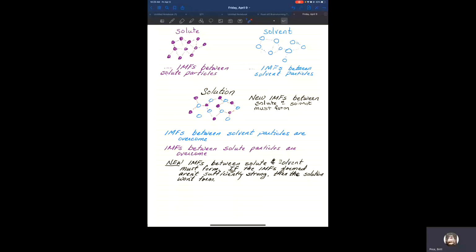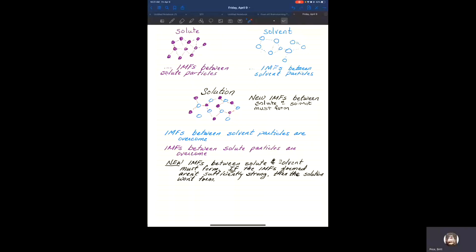If the solute molecules and the solvent molecules don't interact strongly, then they're really not going to make a solution. Only once we start to build in these interactions between the solute and the solvent do we get that solution to form?